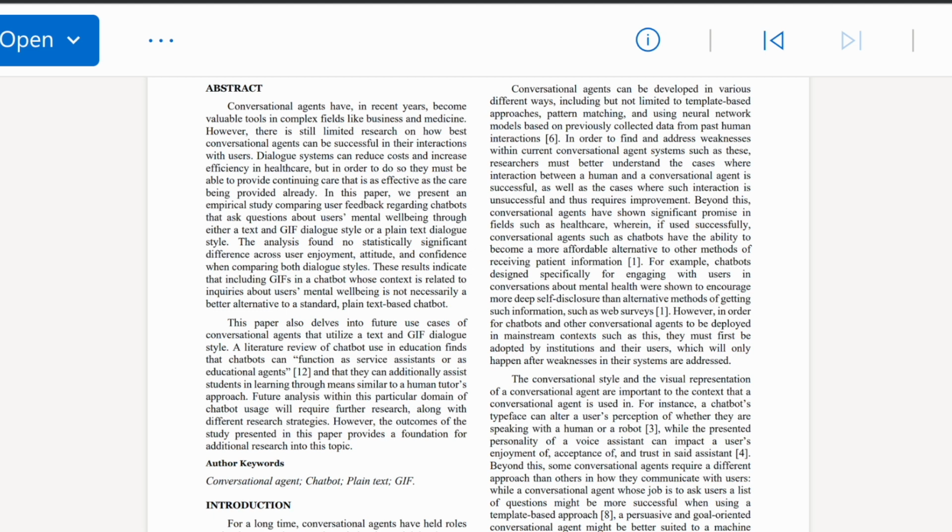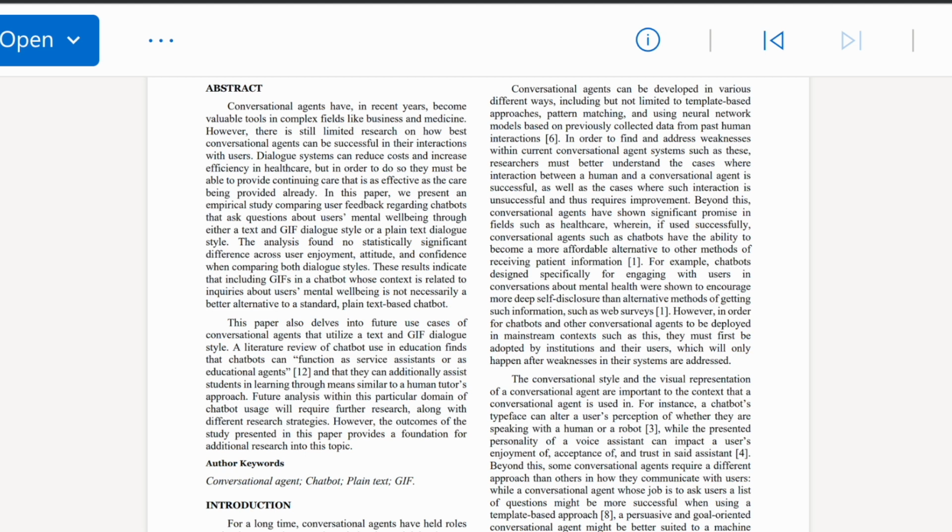She's writing here about a concept called conversational agents, and she sets context by saying that in recent years, they've been becoming more valuable in a variety of fields. She goes on to discuss then that there is still limited research in how to best utilize these conversational agents, and proposes this idea of dialogue systems.